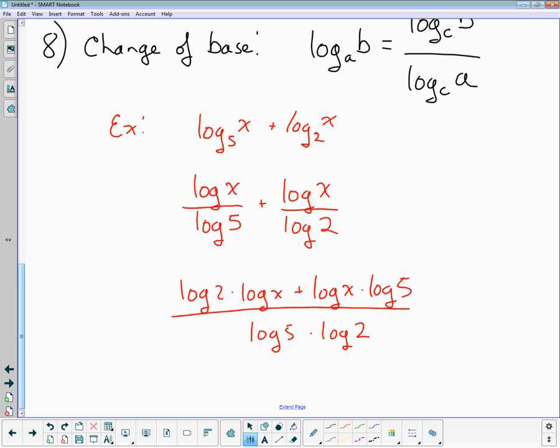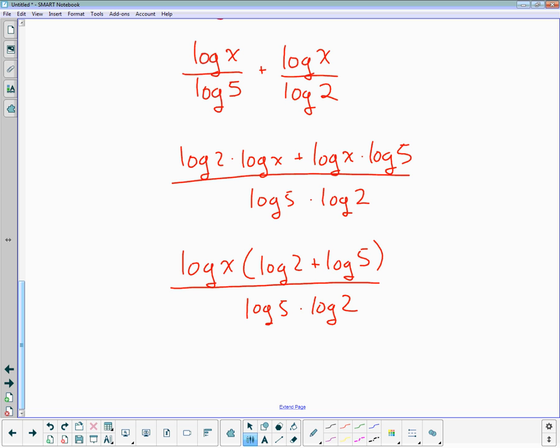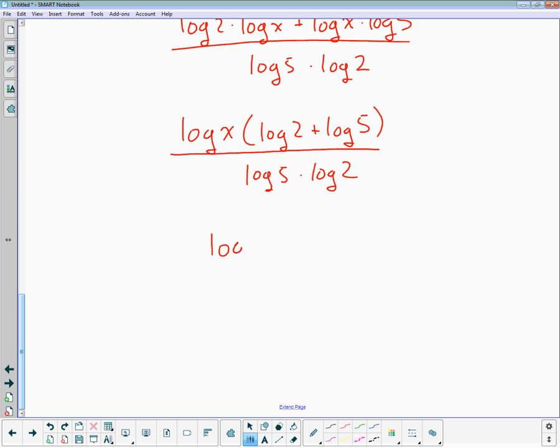Now we've got a single fraction, and of course I can pull out a common factor. And this upper fraction can be combined because addition becomes multiplication.